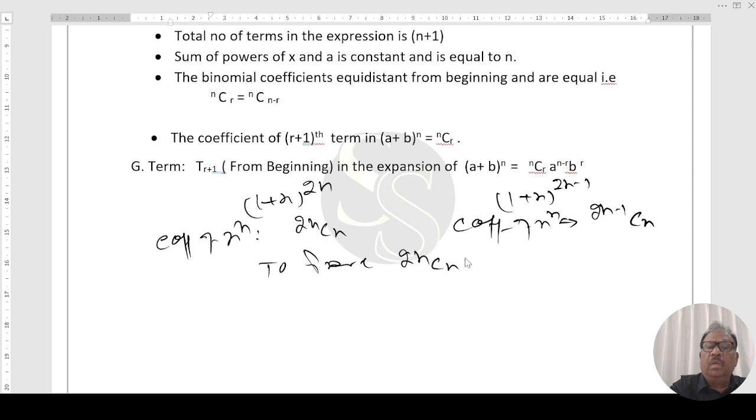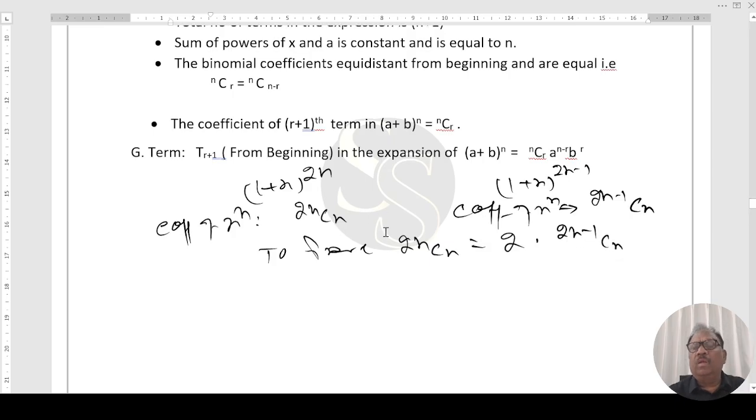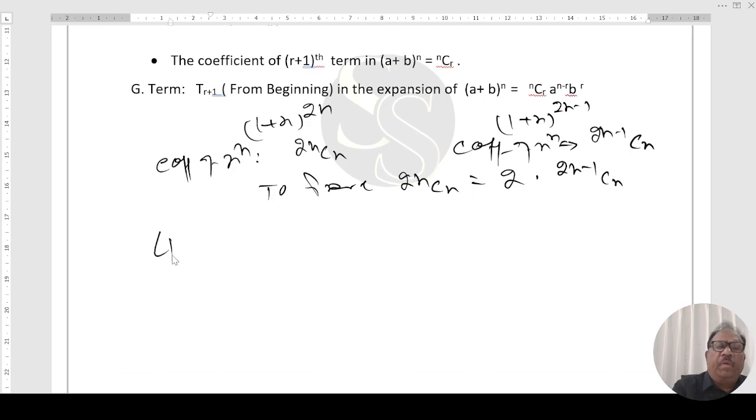Now to prove 2nCn equal to twice into 2n minus 1 Cn. We have to prove that. We pick up the left hand side, 2n factorial upon 2n minus n factorial, n factorial.